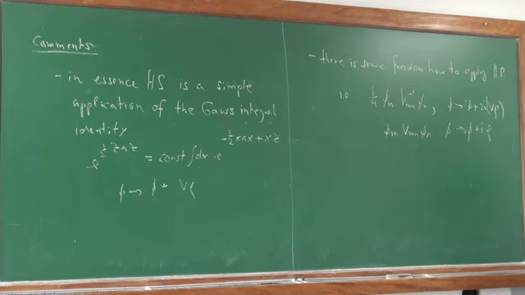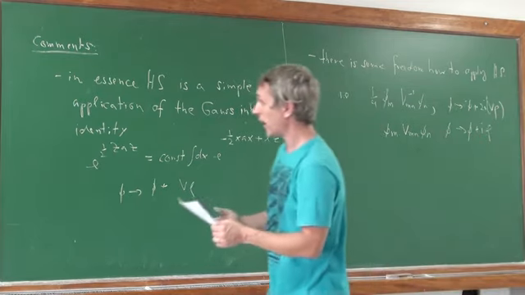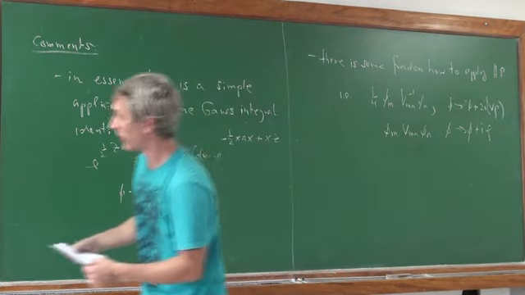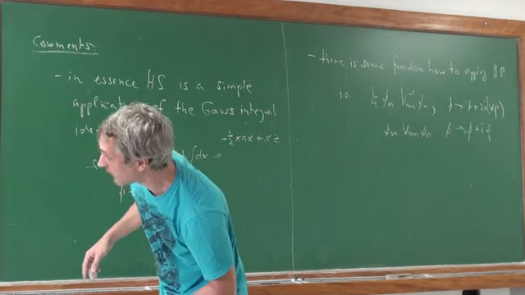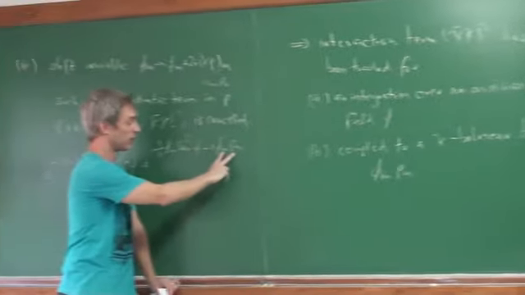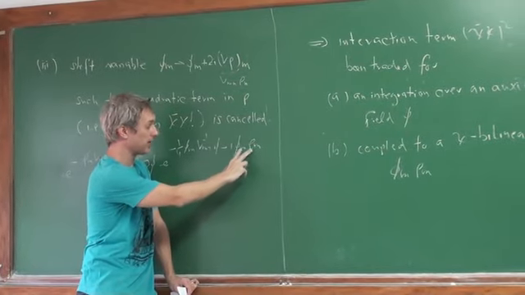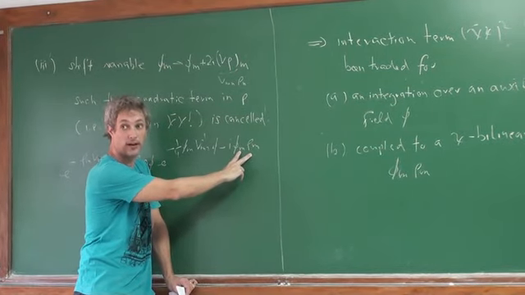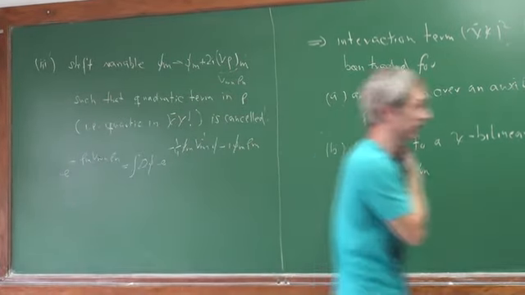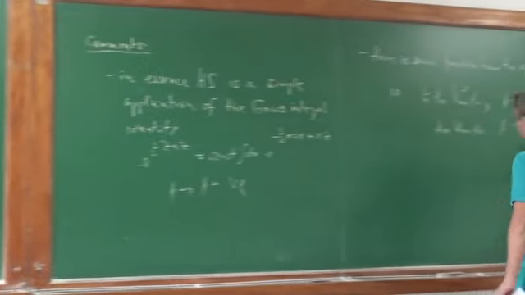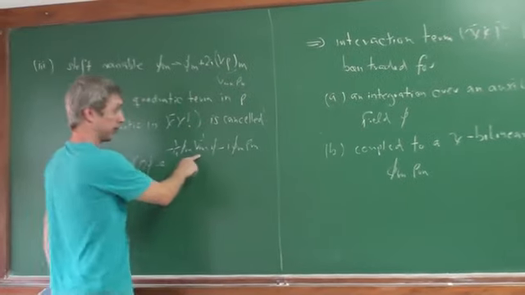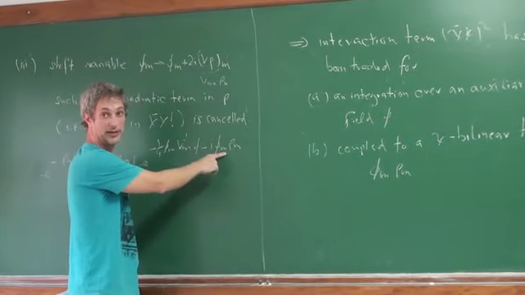Now, there's a lot of freedom in how you can do it. What we found is that after the shift, we have just a factor i, and there are no v's appearing. So if you would use, for example, this other shift here, then here would be a v, but also here would still be a v.